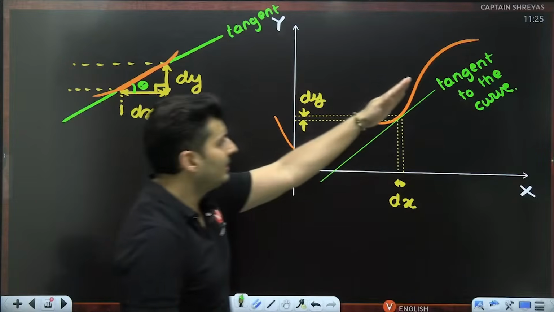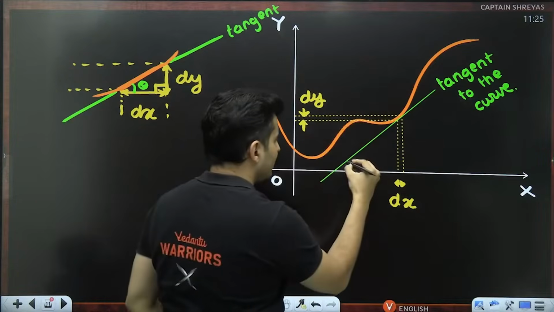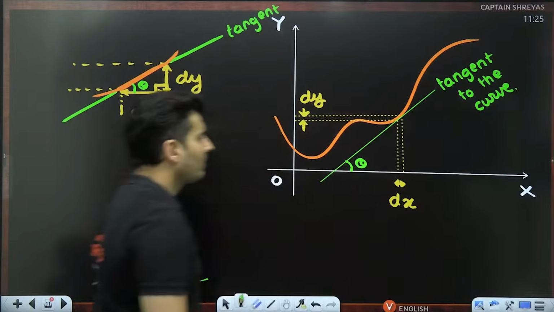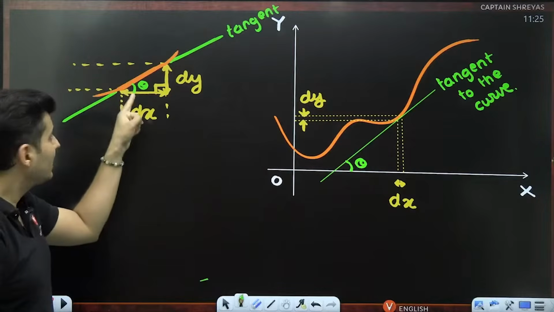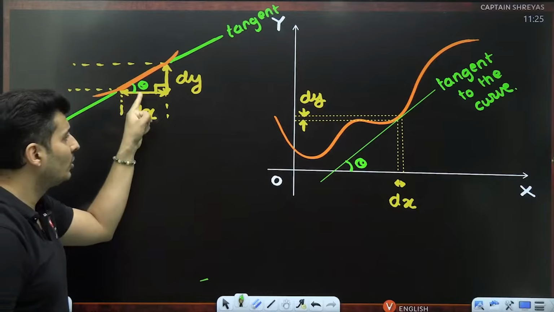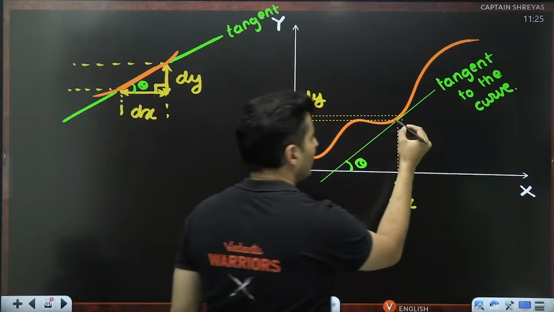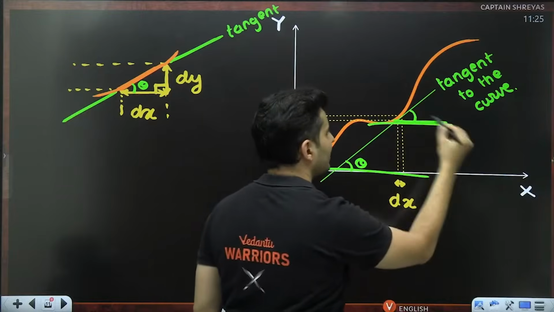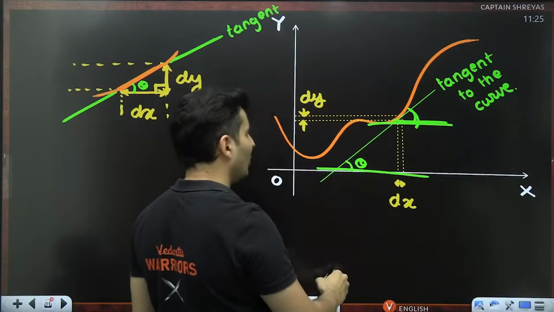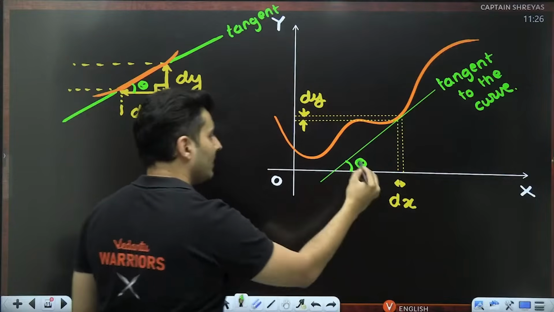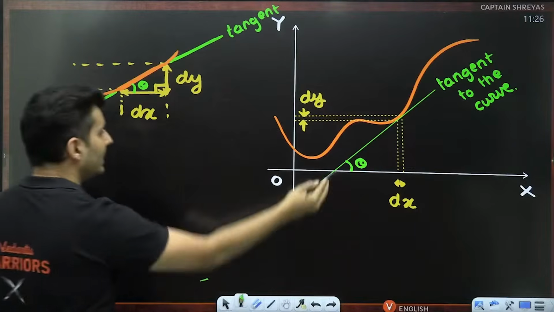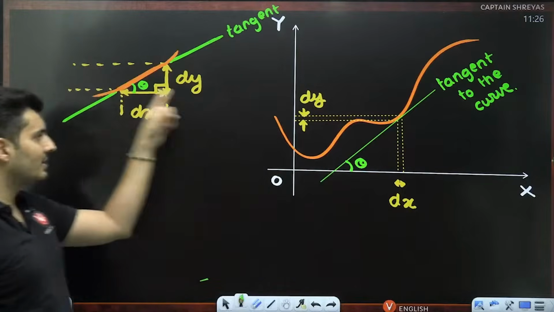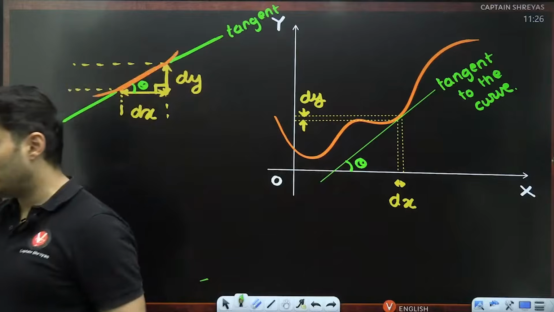Whatever angle the tangent makes with the x-axis, if I mark it as theta, don't you see that the same angle theta will also be over here? Because if you draw a horizontal line, even this will be theta. Two parallel lines, these two angles are always congruent. So if this is theta, even this is also theta. Till this point, everybody agrees?